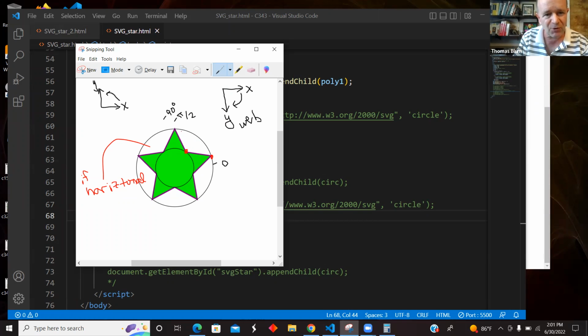So I'm going to write it out in degrees, and I'm starting at minus 90. All the way around the circle there are 360 degrees, and I'm breaking that up into tenths. So 360 divided by 10 is 36. And so this point has an angle of minus 90 plus 36.